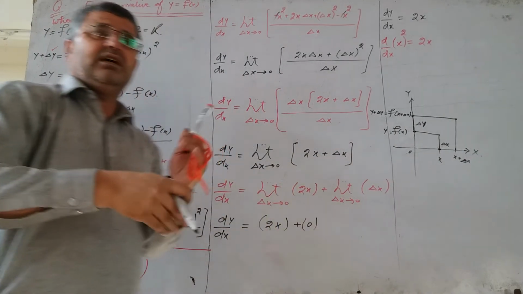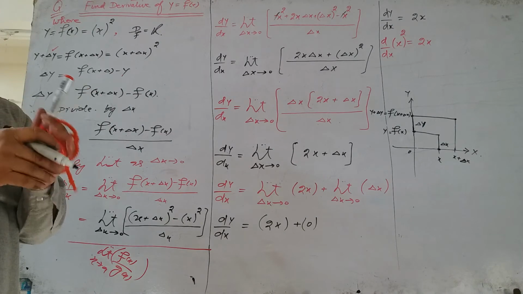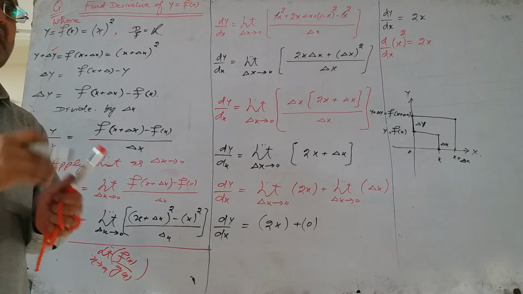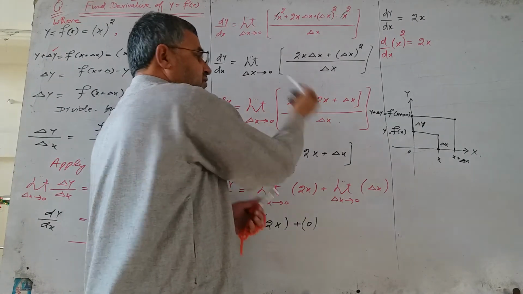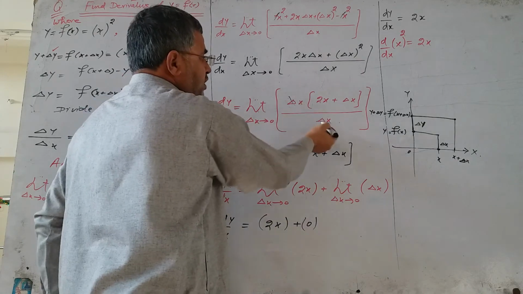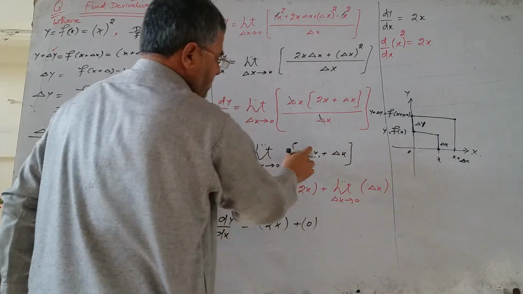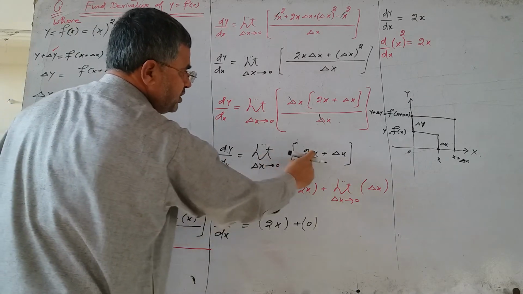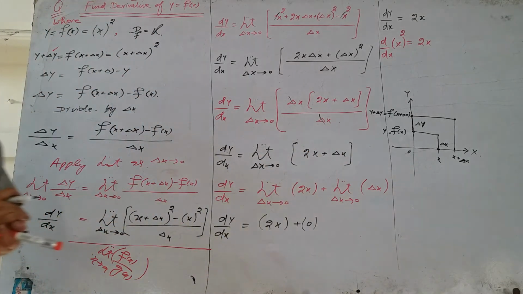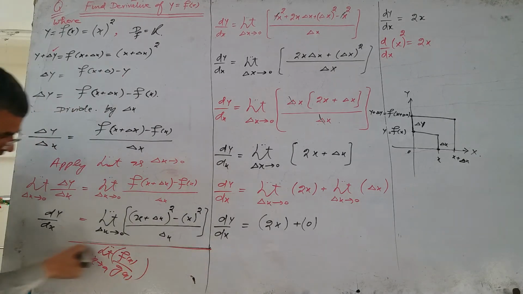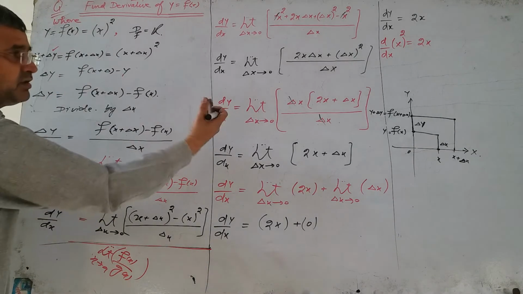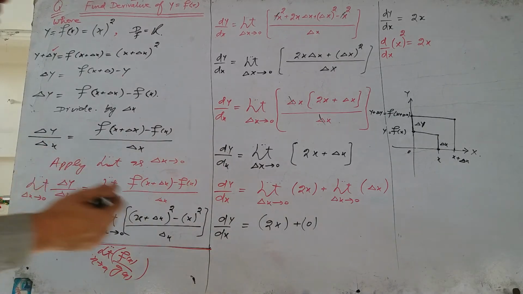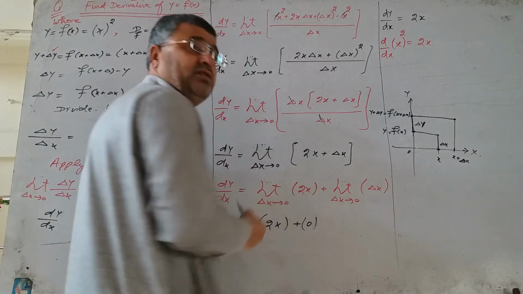The simplest form of this function is the limit as del x tends to 0 of 2x plus del x. Now we can apply the limit to calculate the limit of this function.